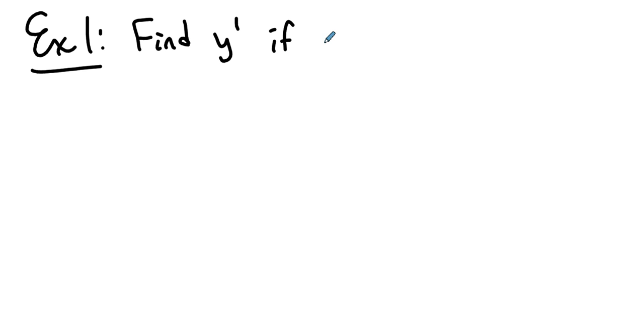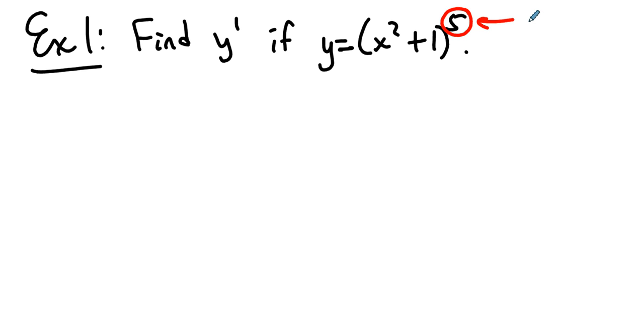Find y prime if y is x squared plus 1 to the 5th power. This is a composition of functions. This is the outer layer. It's the thing that gets done last when you're substituting. And this is the inner layer.